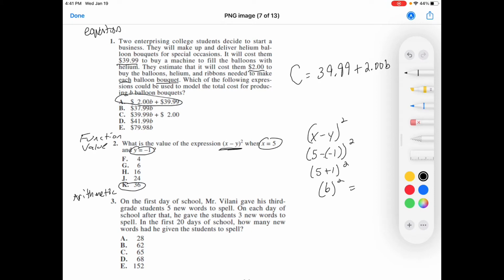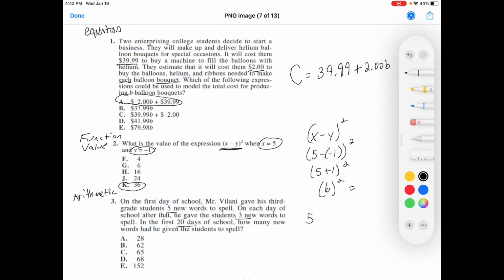Okay, number 3 is going to be an arithmetic question. The teacher gave the students 5 new words to spell on the first day. On each day of school after that, he gave the students 3 new words to spell. In the first 20 days of school, how many new words had he given the students to spell?